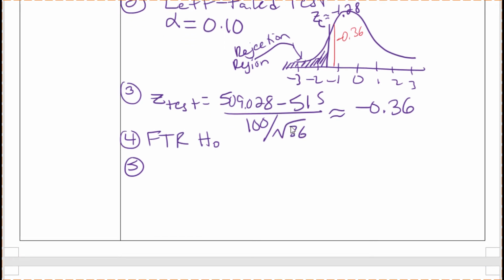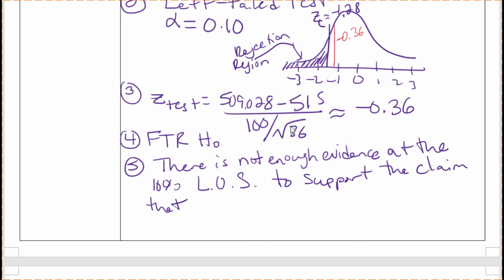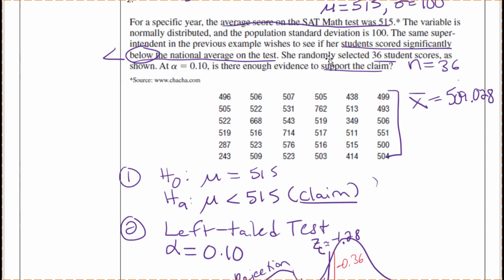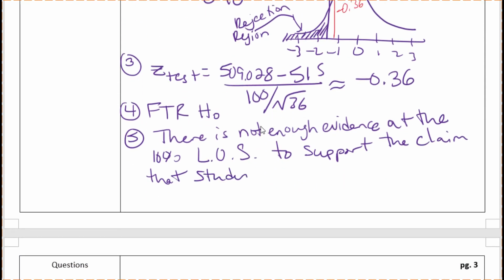So there is not enough evidence, or there is insufficient evidence, at the 10% level of significance, LOS, to support the claim that the students scored significantly below the national average.